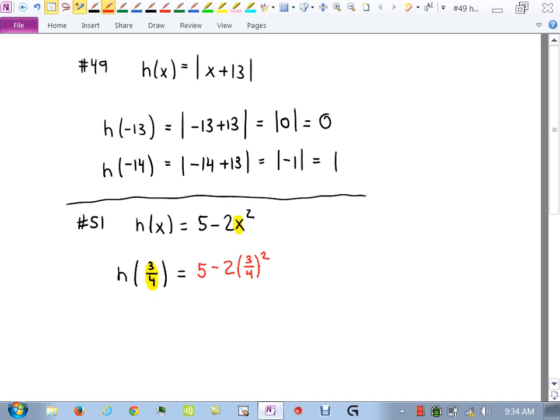So what is 3/4 squared? 9/16. So that's 3/4 times 3/4. You multiply straight across, and you get 9/16. So we have 5 minus 2 times 9/16. Multiplying 2 and 9/16 together, or negative 2, however you want to do it. Let me just do these two together. It's 2 over 1 times 9 over 16.